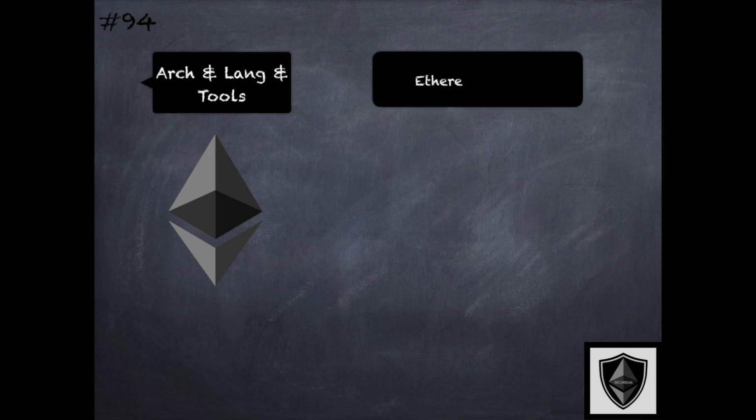15, 20, 40 years. Now contrast that with Ethereum, with Web3 in general, but specifically Ethereum. Ethereum itself is not more than 6 to 8 years old. Brand new protocol that got inspired from Bitcoin, and Bitcoin itself is not more than 12 or 13 years old, right?